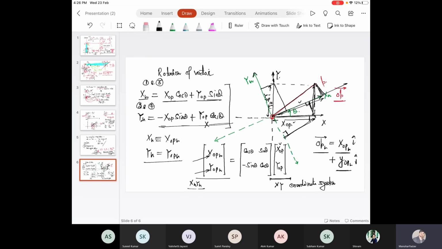Okay, while at the same time just see that this length is decreased, and you can see over here it's minus xop sin theta plus yop cos theta.